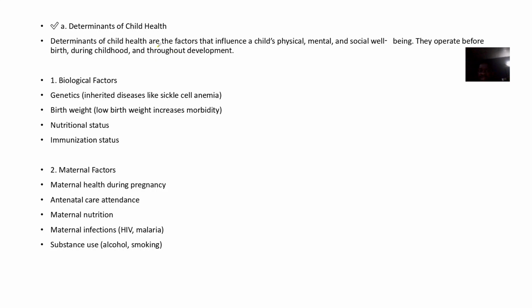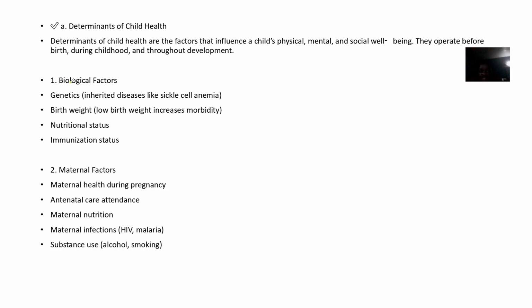So these determinants, just like it literally means, determinants of child health are factors that influence how the child will physically be, how they will mentally be, how they will socially be. They operate before birth, during childhood, and throughout the development of that child.